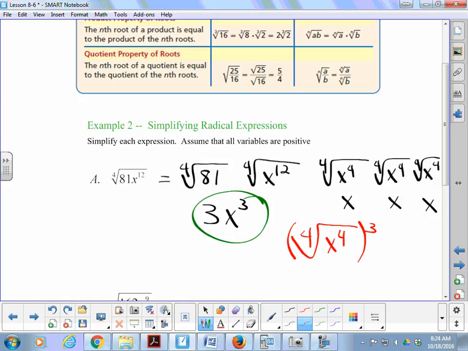And when we start looking at the rational exponents, we can think of it another way, because we could actually think of it also as x to the 12 over 4 power. Okay. And 12 divided by 4 is 3, so then we have the x cubed. But we'll talk about that more in a minute.